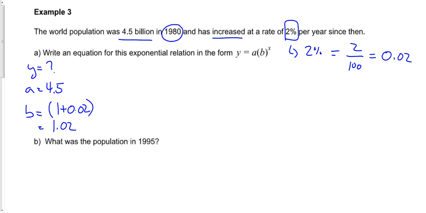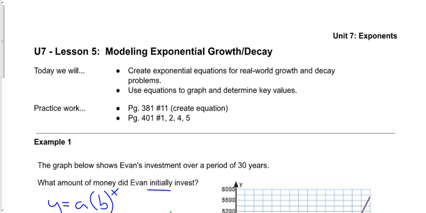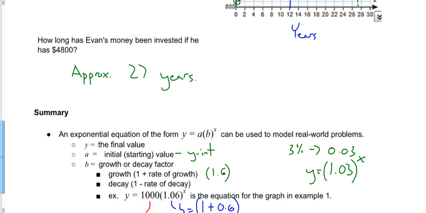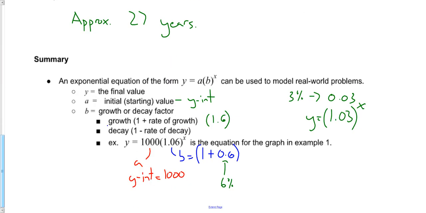Okay, and that's based on our original summary here. If we look back the first couple of pages here, it says when we have a growth, the b value is going to be 1 plus the rate of growth. In this case, our rate of growth is 2%, so 1 plus 2% will give us our final value.